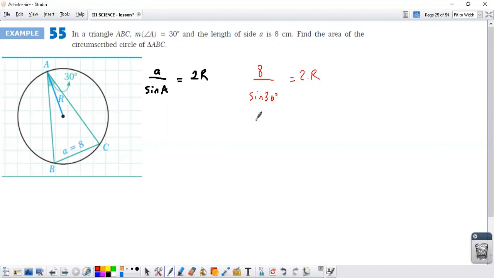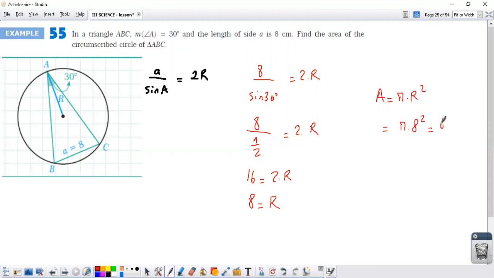Sine 30 is 1 over 2, and 16 is equal to 2 times r, and the radius of the circle will be 8 centimeters. We can calculate the area A of a circle with the formula A equals pi times r squared, so it's going to be pi times 8 squared, which is 64 pi centimeters squared.